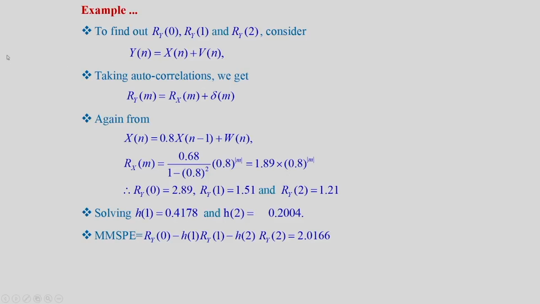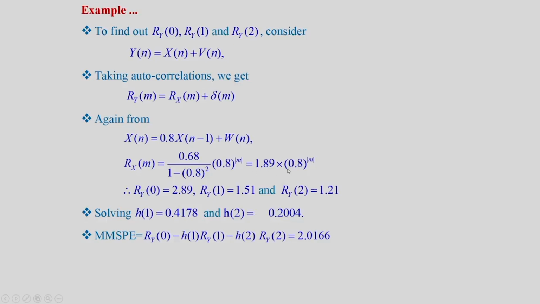Now, from this relationship, Ry of m is equal to Rx of m plus delta m. For m equal to 0, we will get Ry0 is equal to 2.89, Ry1 will be equal to 1.51 and Ry of 2 will be equal to 1.21.